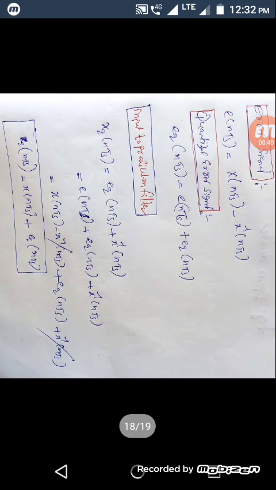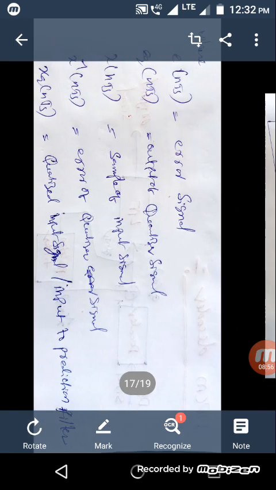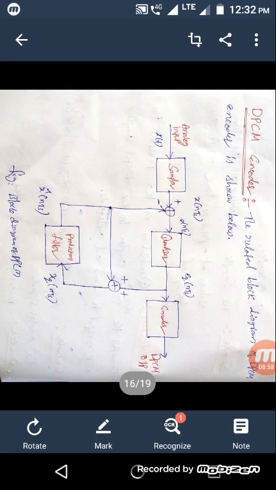And we are seeing the error of quantizer. Error signal means, as we already see in the block diagram, e of nTs: here in the quantizer input, e of nTs receives x of nTs and x cap of nTs.